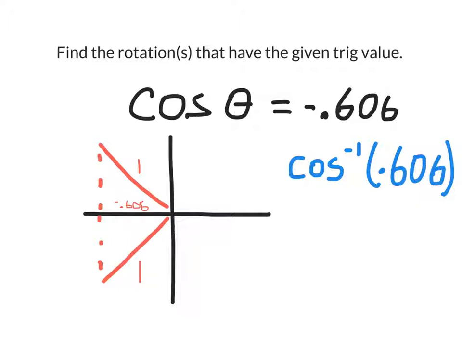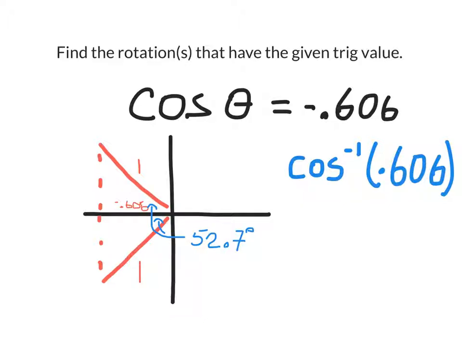To find the reference angle, I type in my calculator inverse cosine of 0.606. Notice I'm not worrying about the negative sign because I just want the reference angle. And I find from my calculator that the reference angle is 52.7 degrees.